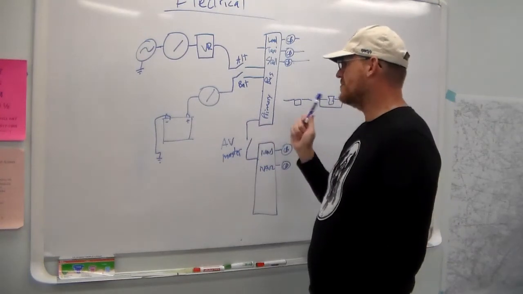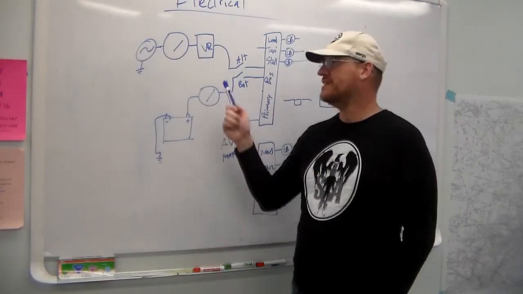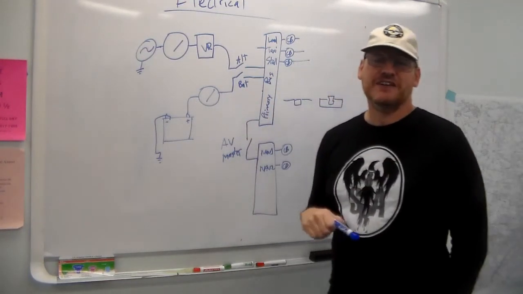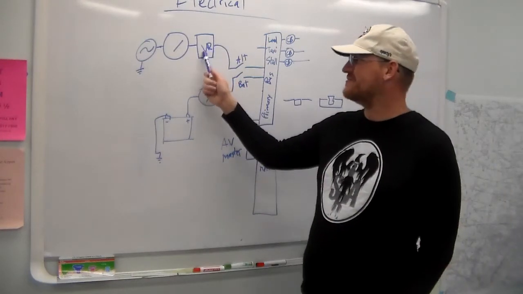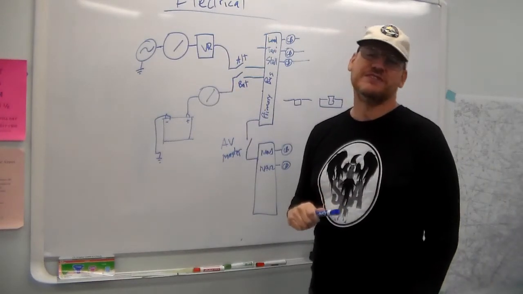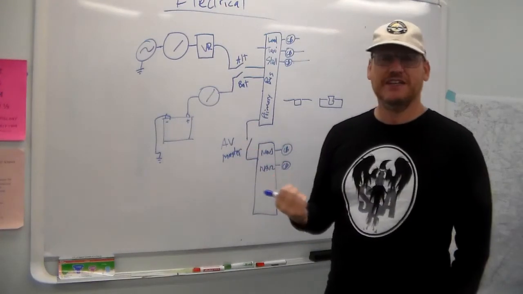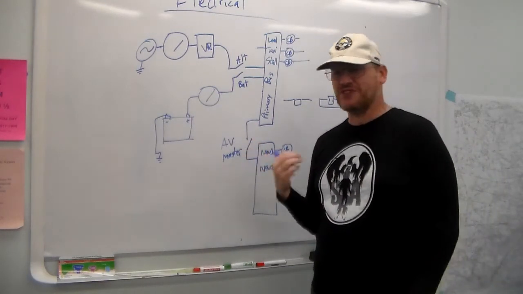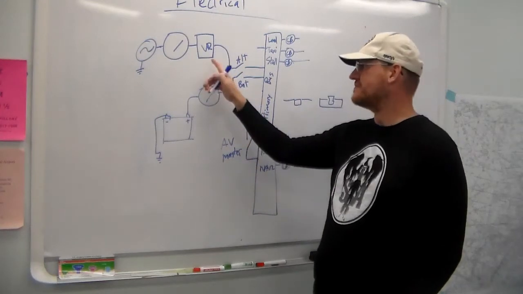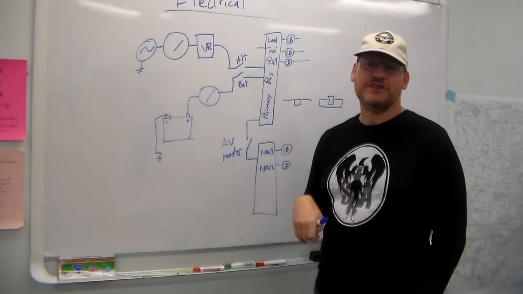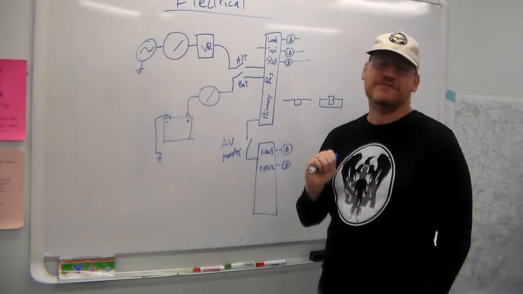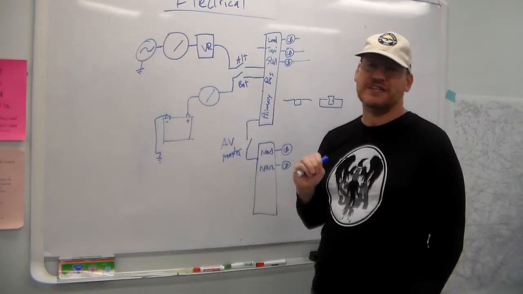Now, you might briefly turn off the alternator side of your master if this voltage regulator gets tripped. And this is something that can happen sometimes. If you get a spike or something weird happens, there's a little hiccup, this voltage regulator might say, hey, unsafe, too high voltage, something like that.